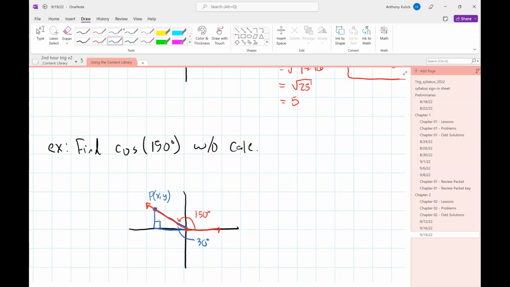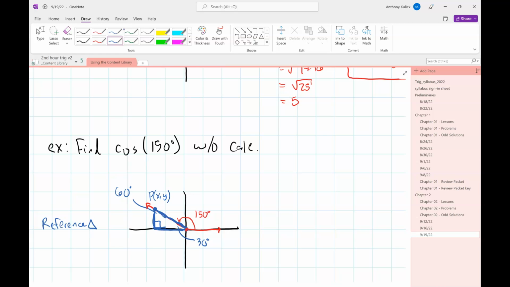Okay, so if that angle's 30, by the way, what we've drawn here is called a reference triangle. Just as a heads up. That triangle in blue that we've made there is called a reference triangle. So the other angle in my reference triangle is 60 degrees, right?